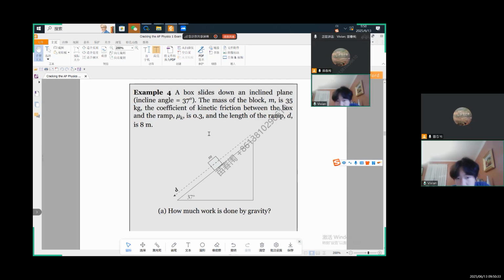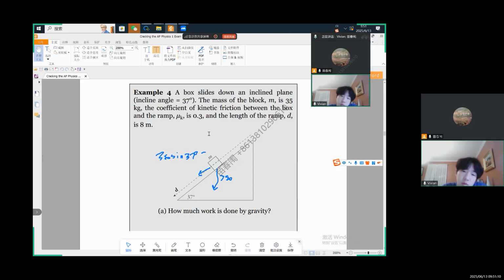How do you go this way? And then you have the mg. What's 35? 350. So that component then is 350, at 37 degrees. And then you subtract friction.